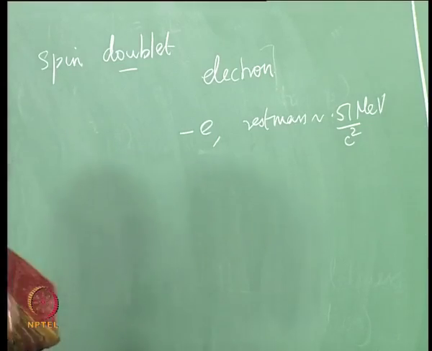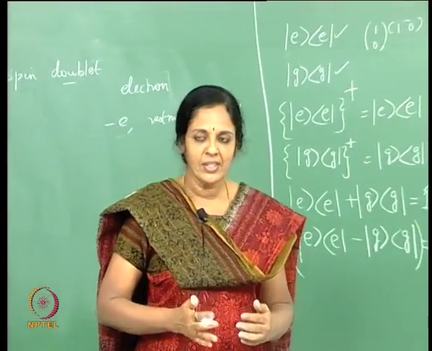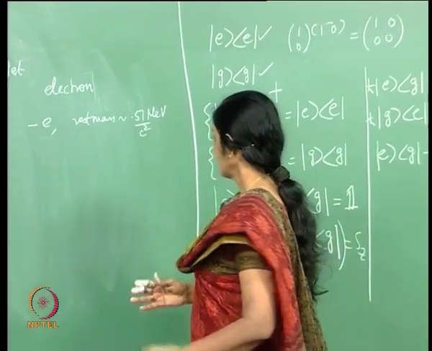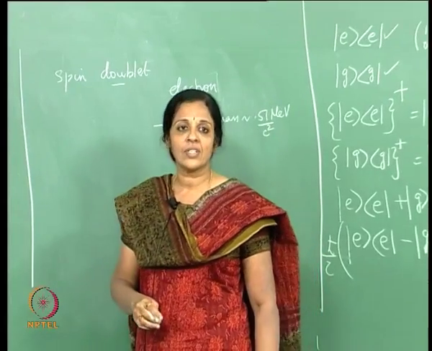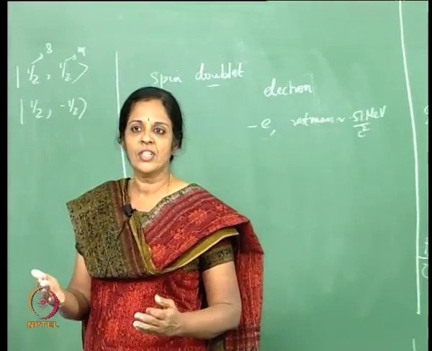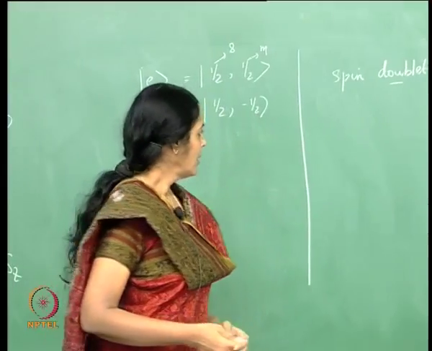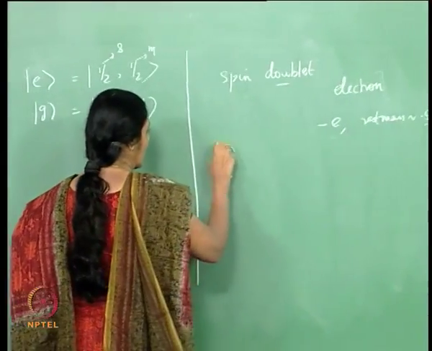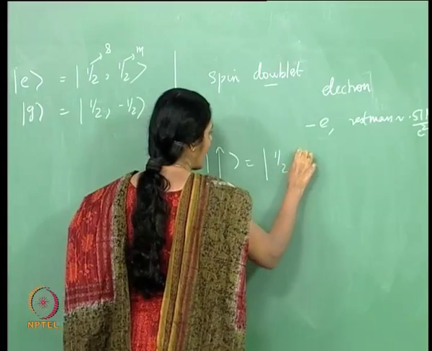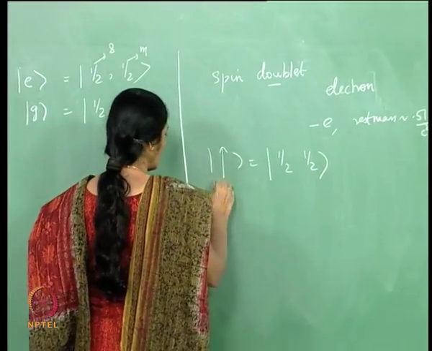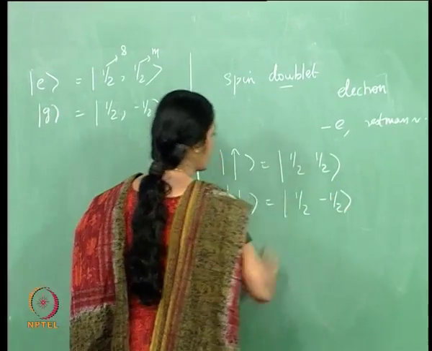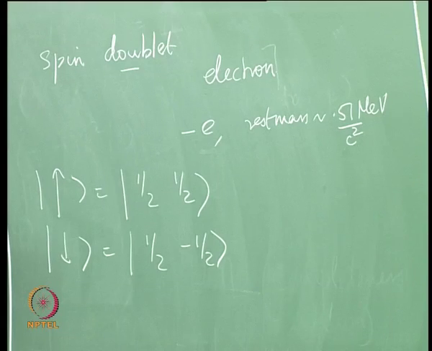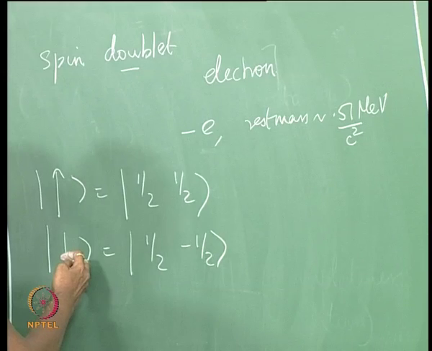Even as the electron's attribute is minus e for the value of charge and a rest mass with this value, it can exist in two spin states. Spin is an experimentally measurable quantity. You could call it the up state of the electron, which is the half-half state that I spoke about here, and the down state of the electron, which is the half minus half state. Both these states are spin states of the electron.